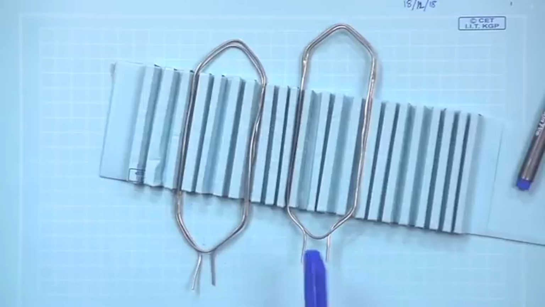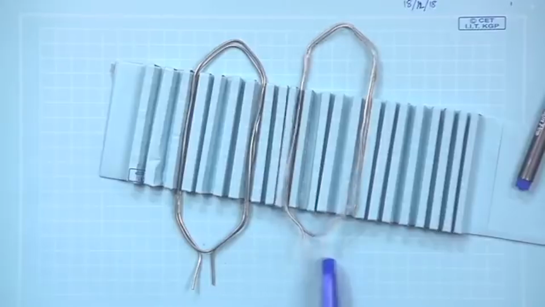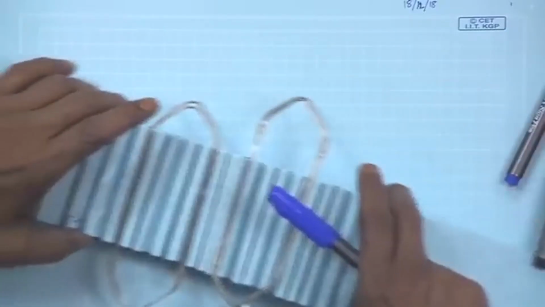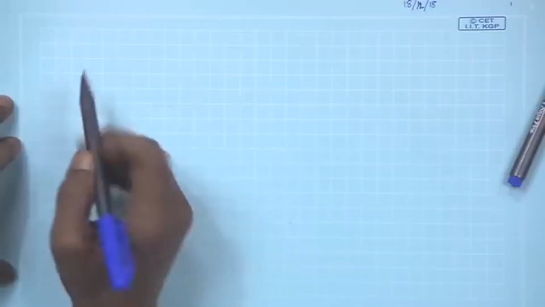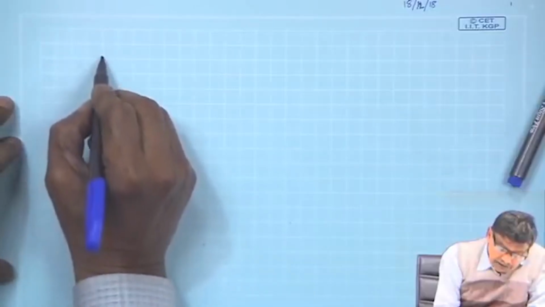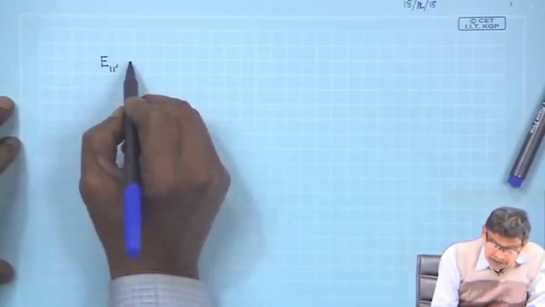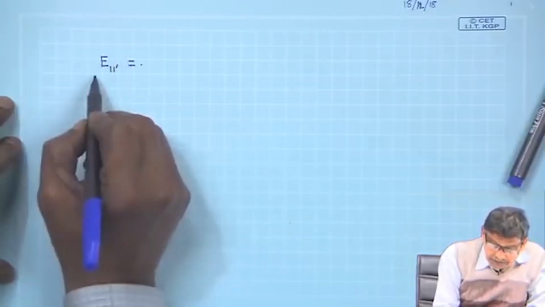The second coil should also be named 2 and 2 dashed, and so on. So, in our last class we found the expression of the induced voltage in a single coil as E11 dashed, RMS value.